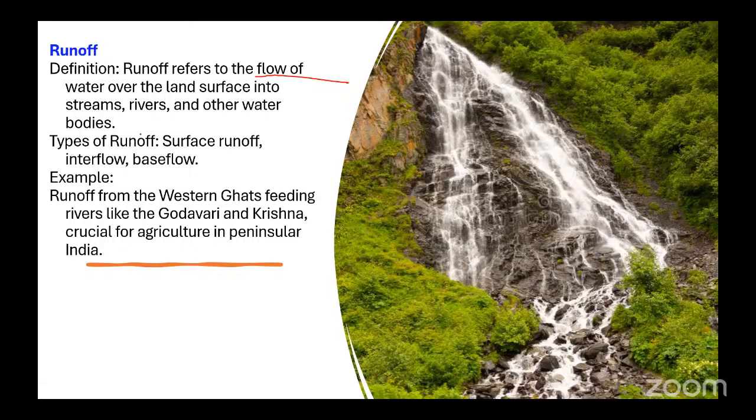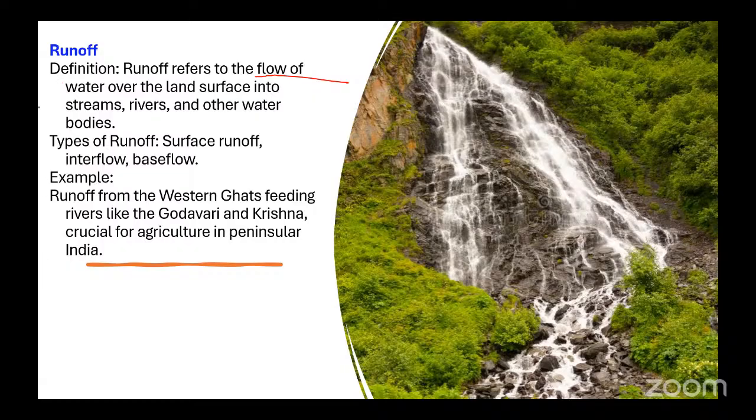As we have discussed in the previous slides, subsurface flow will be there. After infiltration, some amount of water will again join the streams through subsurface flow or base flow. Okay.